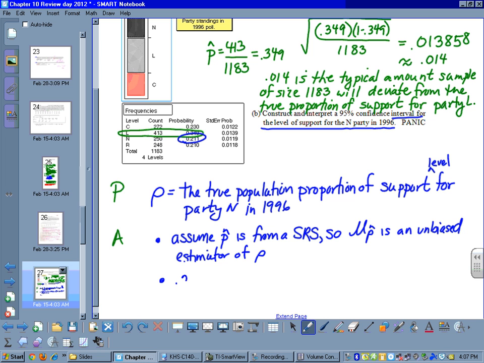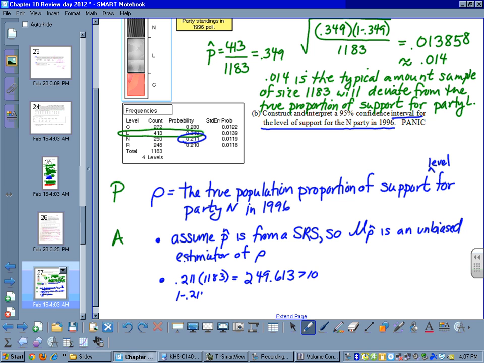I'm going to take 0.211 times n, which is 1183. So 0.211 times 1183 equals 249.613. That is bigger than 10.